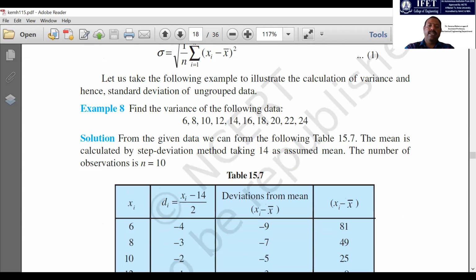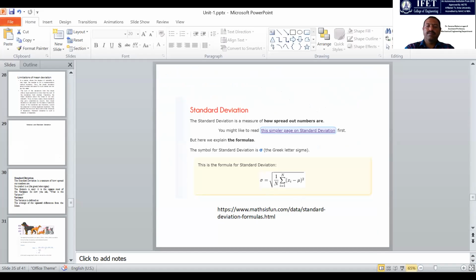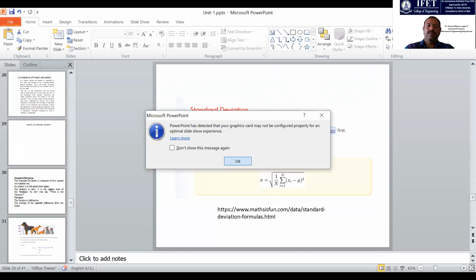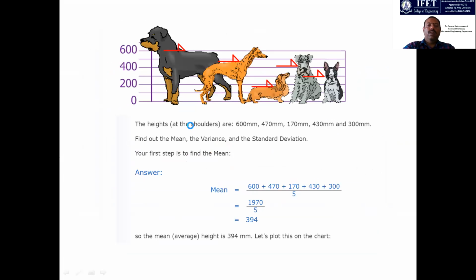For clear understanding, I will explain with another example. Take the example of the heights of different dog breeds. These are foreign dog breeds. You have to find out how these dog breeds' heights deviate from the normal dog height.